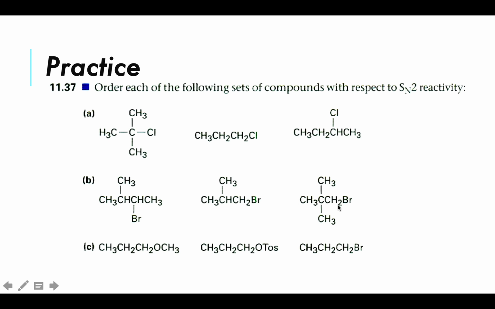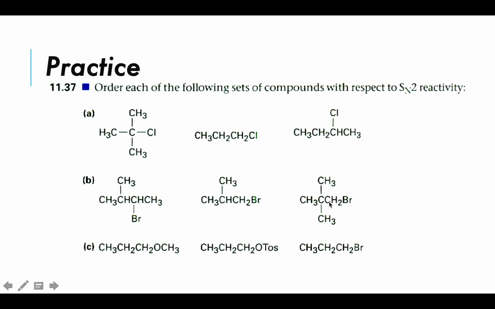Example B, bromide, bromide, bromide. So all the leaving groups are the same. This is a secondary bromide. This is attached to a first position, so it's a primary bromide, and this is also attached to the primary position. But note, this primary position has an isopropyl group attached to it.